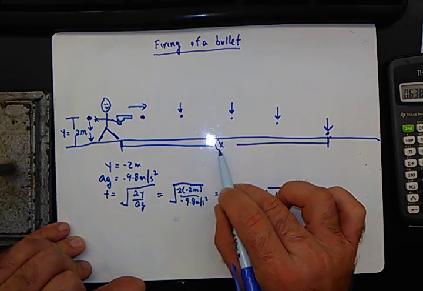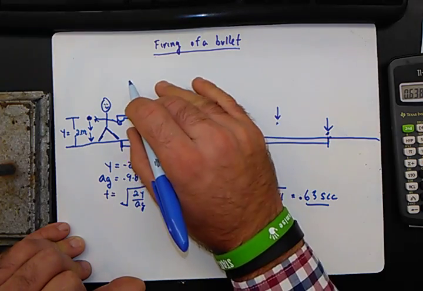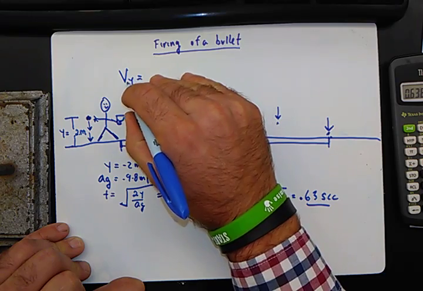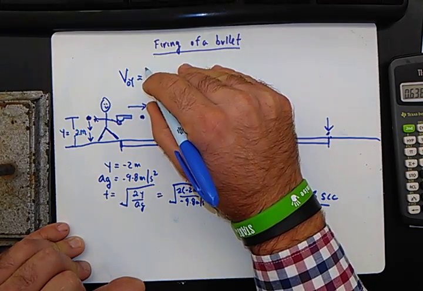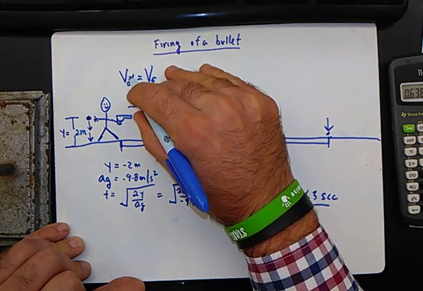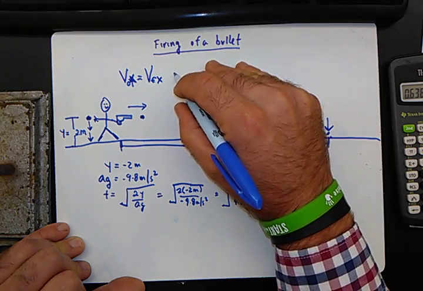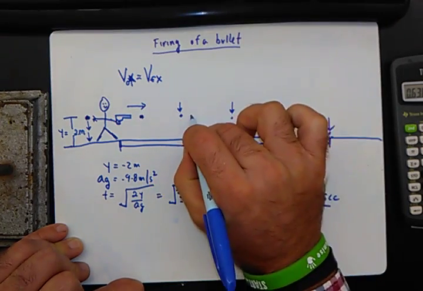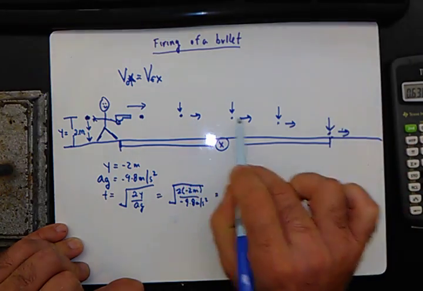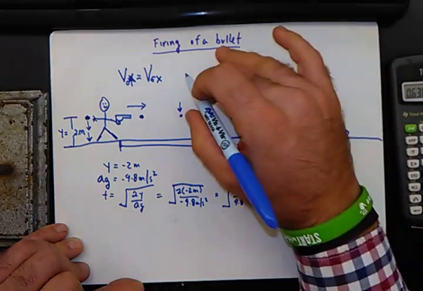Now we want to really find out the range of the bullet at this height. The initial velocity in the x direction is equal to the final velocity in the x direction as well, so it's moving at the same velocity in the x direction the whole way.